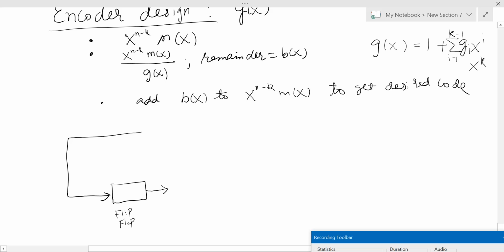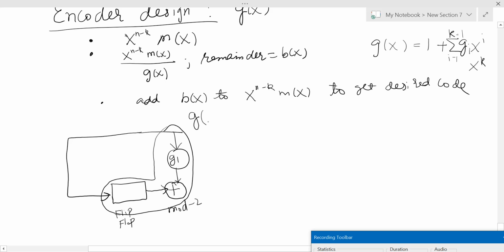So depending upon whether g i is 1 or 0, I will write here like this, g1, and then here is the XOR, modulo 2 operation. So this particular thing is equivalent to writing g1 times x.